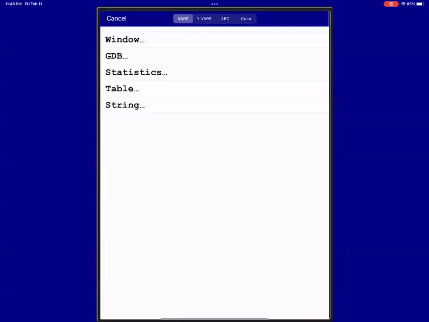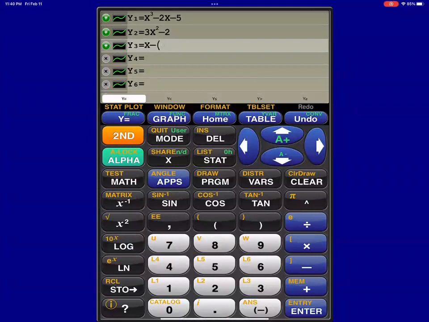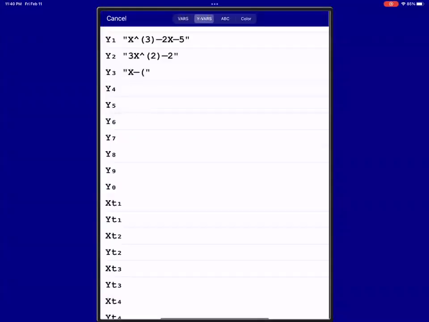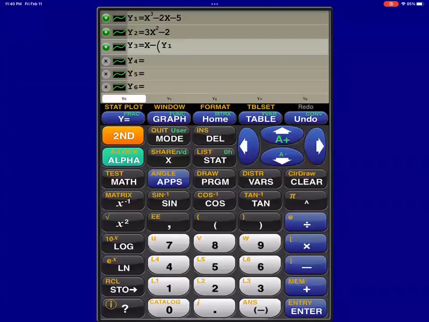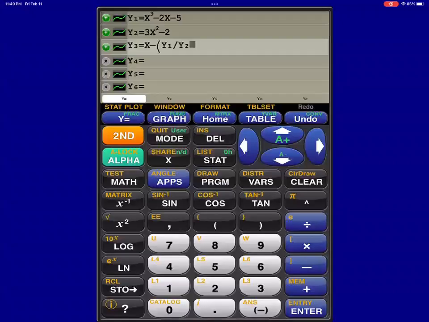So which is VAR, YVAR, choose y1, then divide. Maybe we want to have a parenthesis here. Then VAR, YVAR, and then the first one, divided by the second one, which is y2.